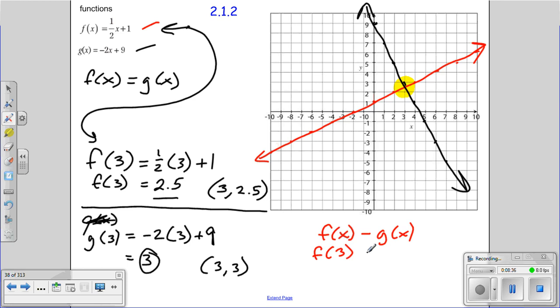When I plug 3 into both of them and subtract, well, that value was 2.5. This value was 3, and notice we have -0.5. Pretty close. A number pretty close to 0, meaning that we're pretty accurate. And that's kind of what we're doing. So this video, again, talking about function notation, and then also talking about intersections of graphs.